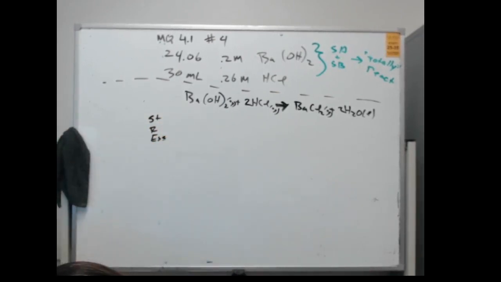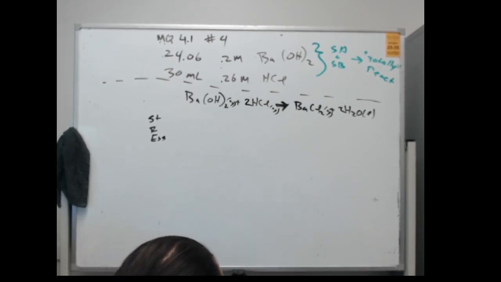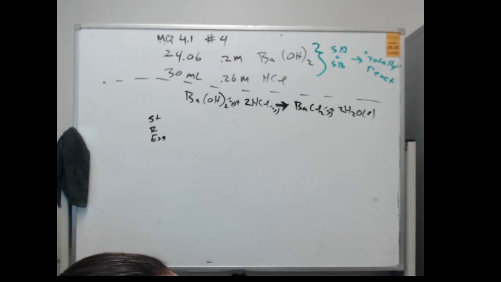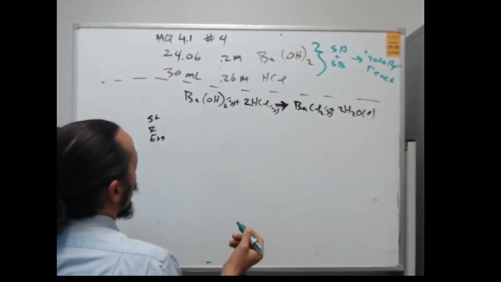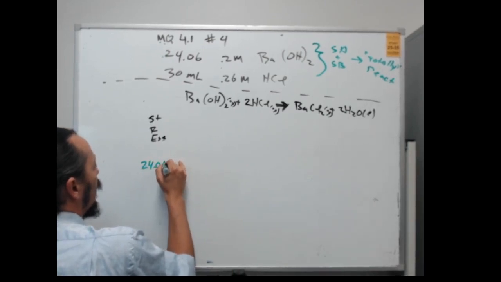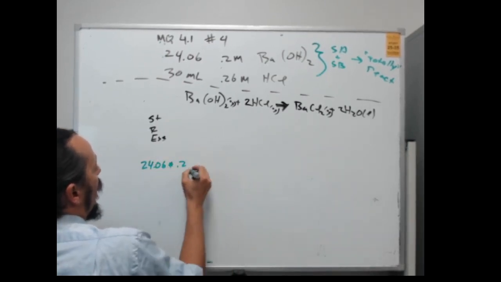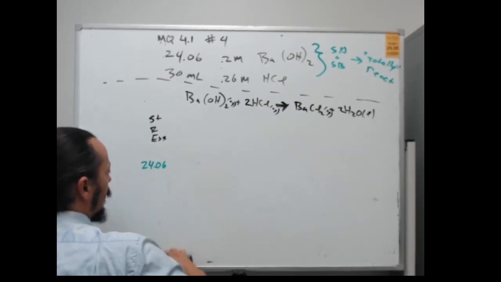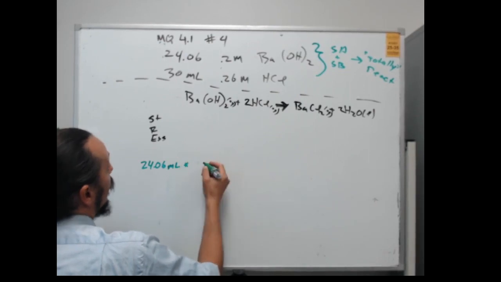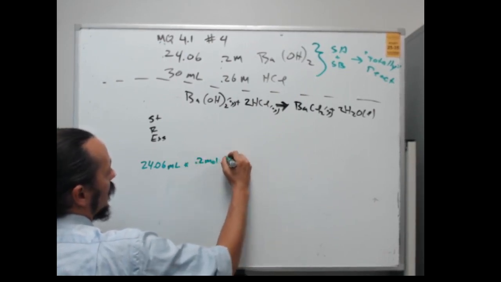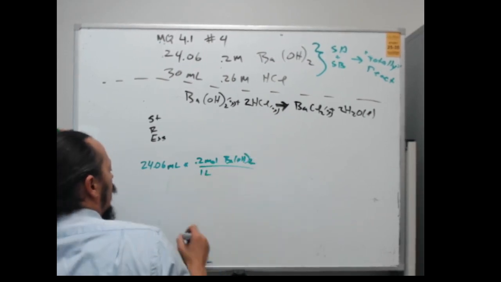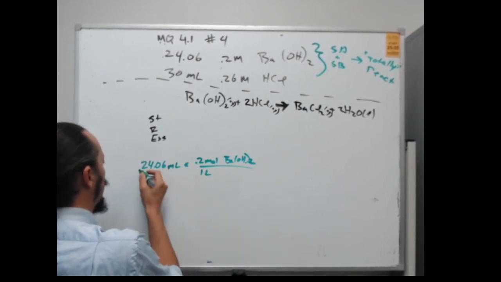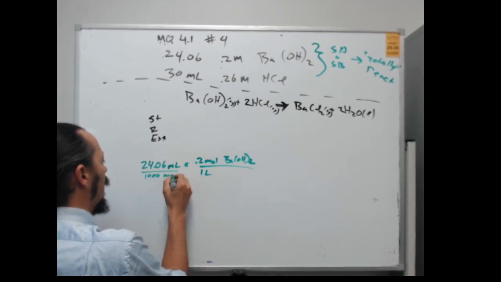So we'll look at this in 2 steps. Doing stoichiometry the way most of us learn it in high school, and probably in other classes as well, we're going to take our 24.06 milliliters times 0.2 moles barium hydroxide for 1 liter, and divide by 1,000 milliliters per liter.